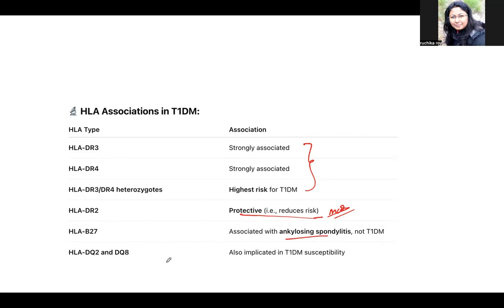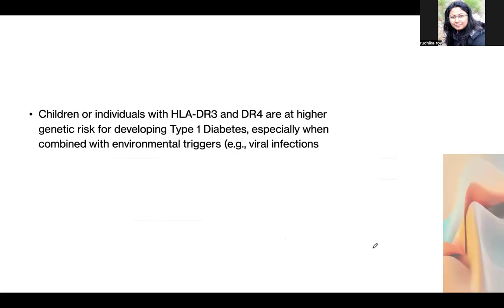HLA-DQ2 and DQ8 are also implicated in type 1 diabetes mellitus. Remember, individuals with HLA-DR3 and DR4 have a higher genetic risk of developing type 1 diabetes, especially when combined with environmental triggers.